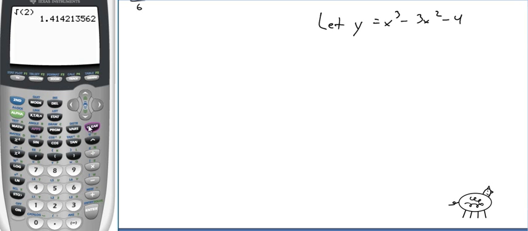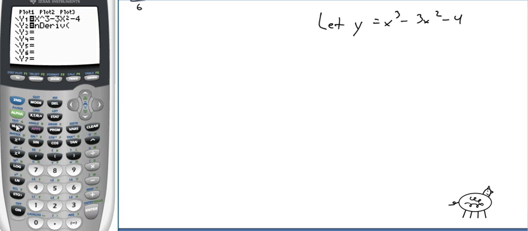Okay, so let's clear this, and our equation is going to be y is equal to x cubed minus 3x squared minus 4. That's y1. Okay, y2 is going to be the derivative of that, so it's math, and basically it's going to be 8, nDeriv.